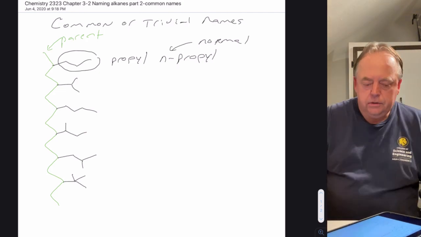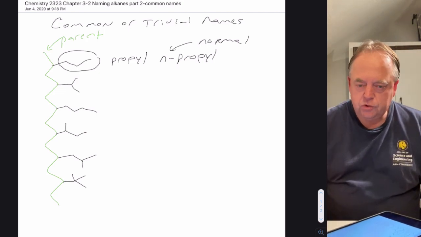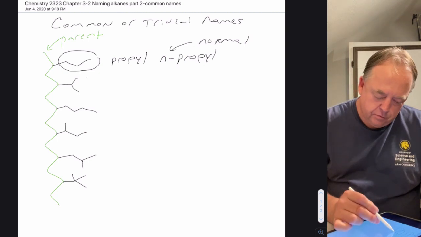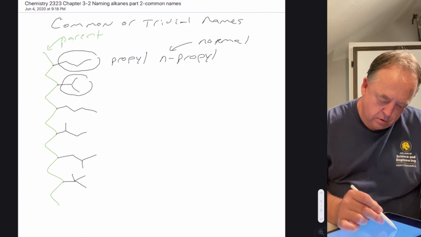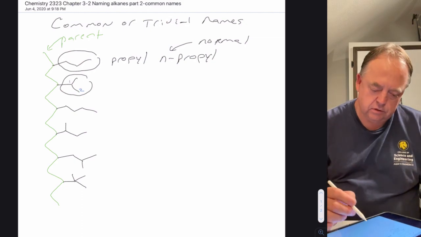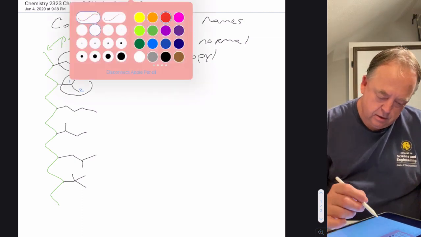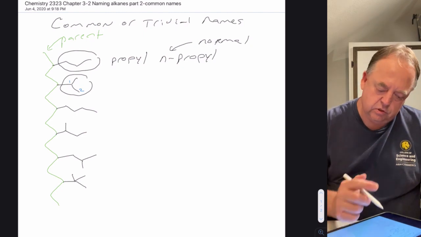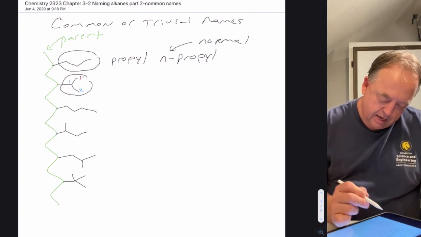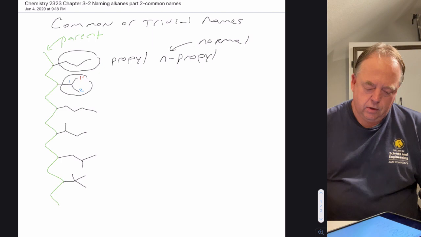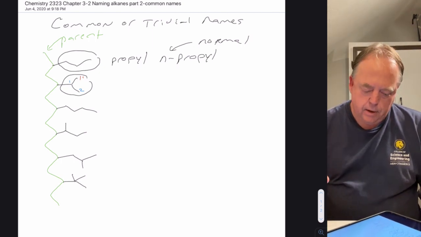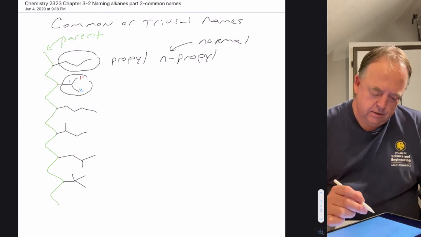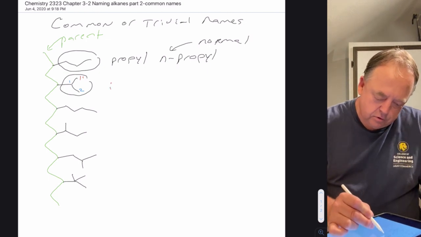So if you had a 3-carbon chain, there's another way that you could attach 3 carbons to the parent, and that would be like this, where off of the parent you have a 1,2 carbon sequence, and then on carbon 1 of the substituent, we'll call that 1 prime, you have another carbon. So that's 3 carbons, but they're not linear off of the parent, they're branched off of the parent. And this is what's called isopropyl.